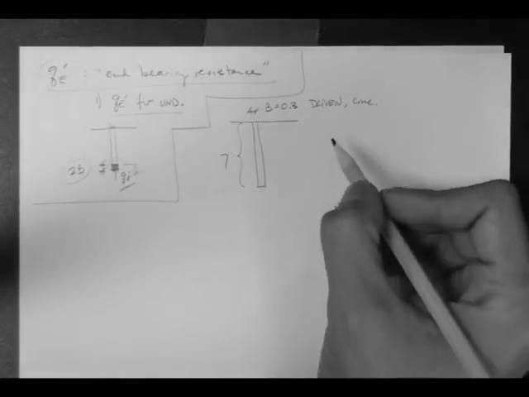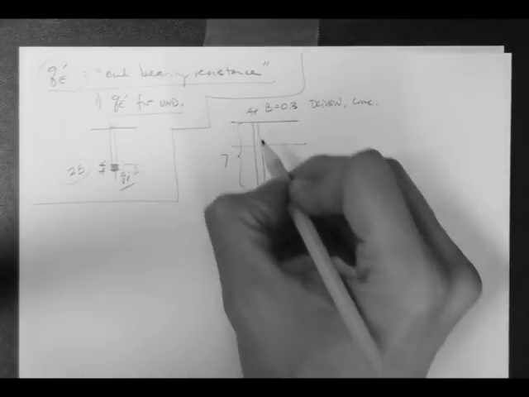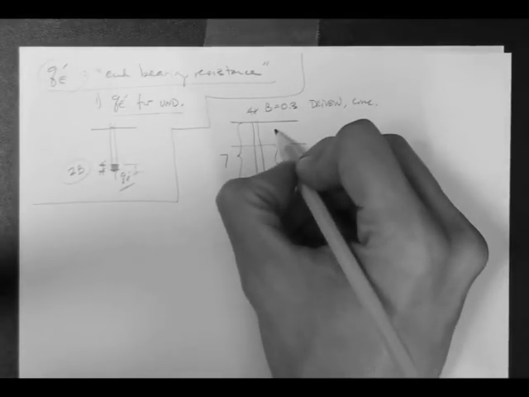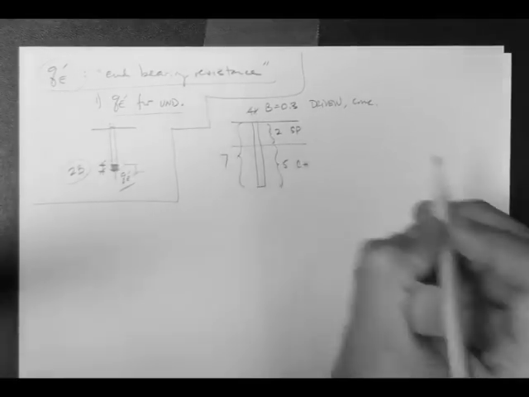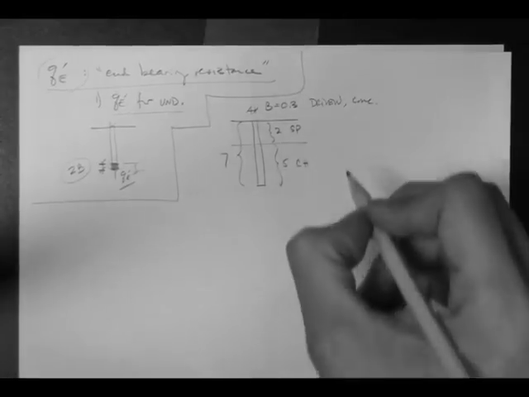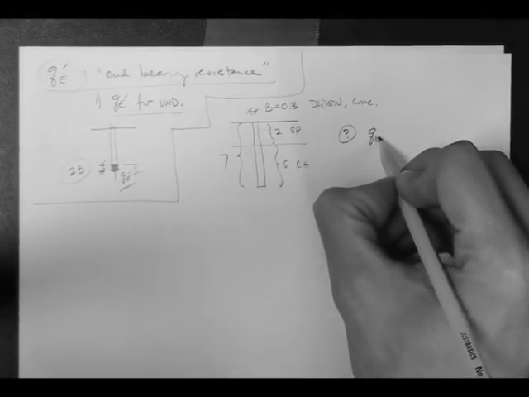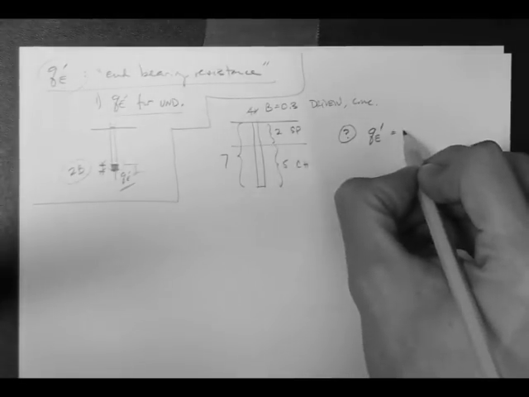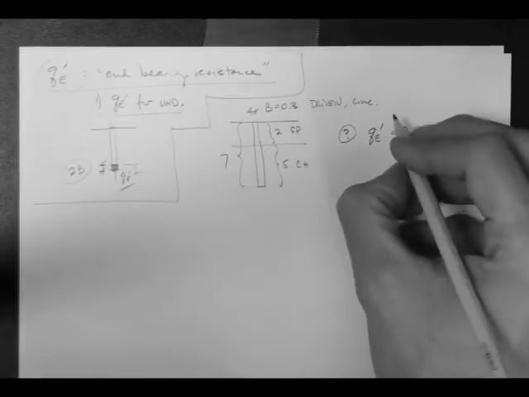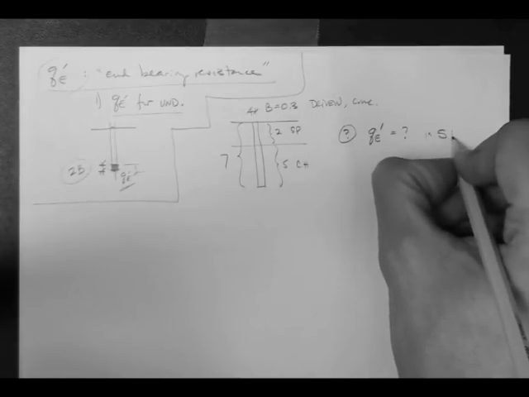Okay, and let's say that now the top here, let's say this is 5 and this is 2. Let's say this is the sand and this is the clay. Okay, and the question is determine the end bearing resistance for the pile in the short term.